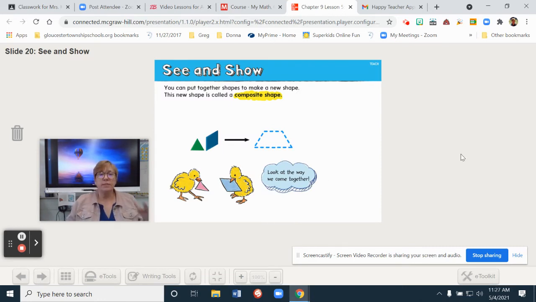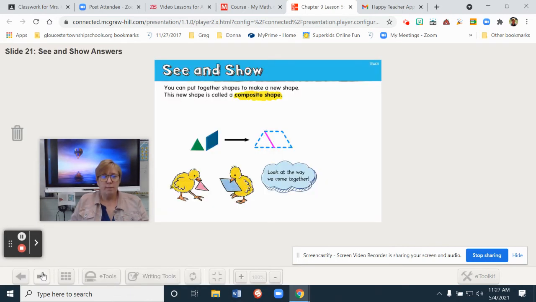So here's our see and show. It says you can put together shapes to make a new shape. This new shape is called a composite shape. So look at the way we come together. Here you have your little parallelogram and a triangle. See?